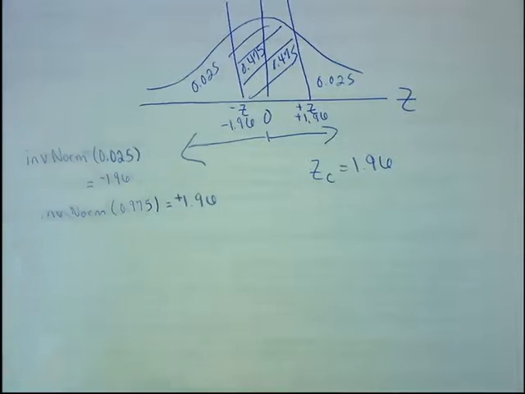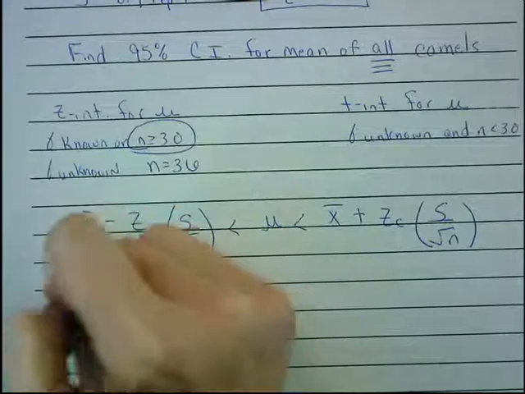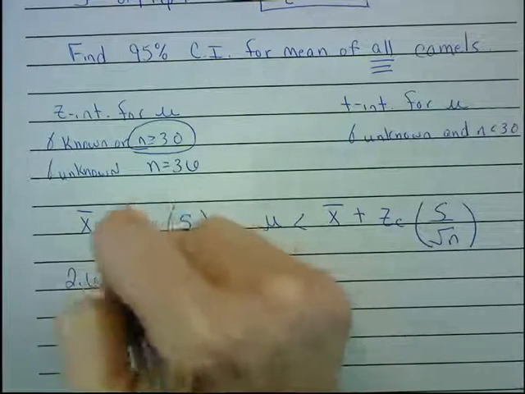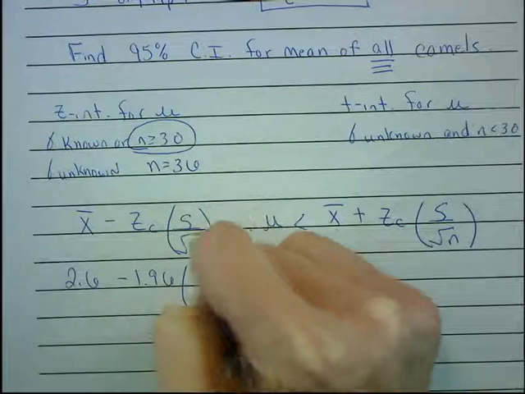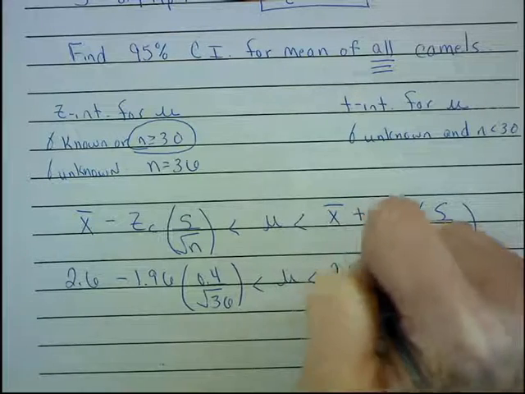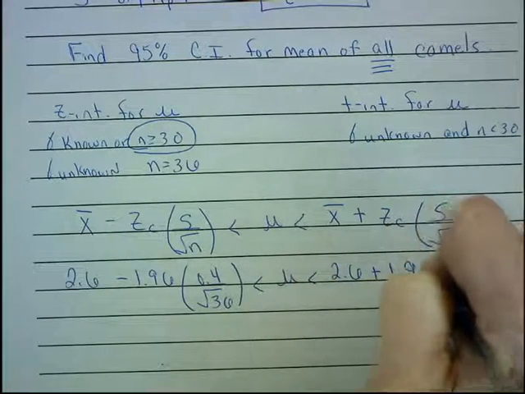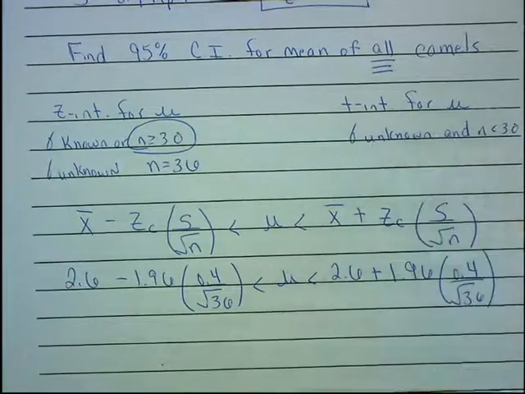So I'm going to go back to my formula, and I'm going to plug in. This is going to be 2.6 minus 1.96, 0.4 over the square root of 36. 2.6 plus 1.96, 0.4 over the square root of 36.